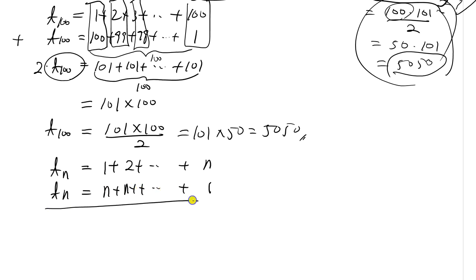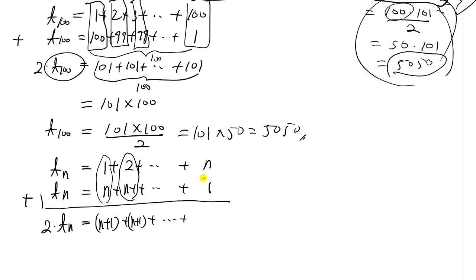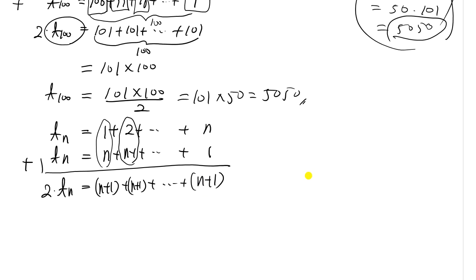So when we add this all together, 2 times tn, the first one when you add them is n plus 1, right? n minus 1 plus 2 makes n plus 1. And the last one is simply n plus 1 again. So we have a bunch of n plus 1. And how many of them? 1, 2, up to n.